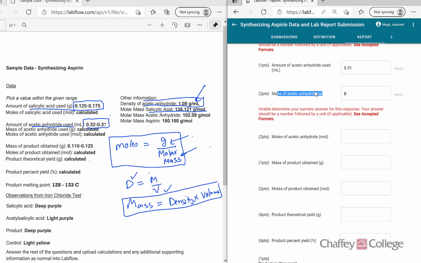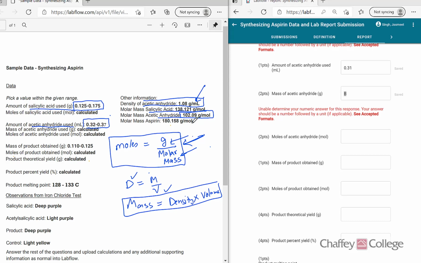Next is moles of acetic anhydride. So the mass is calculated here. I got some number, you will get some number, and the formula to calculate moles is given here. So it means that we need to know the molar mass of acetic anhydride, and that value is also given here. So this is the molar mass of acetic anhydride, 102.9.